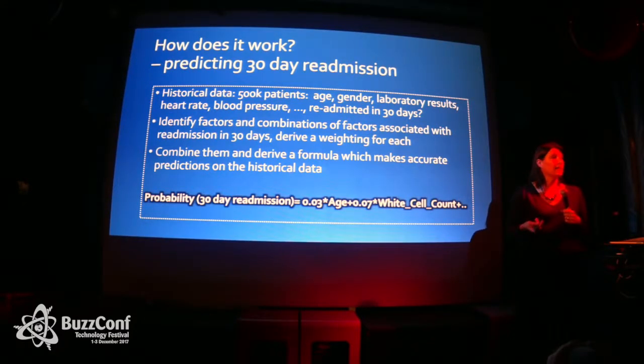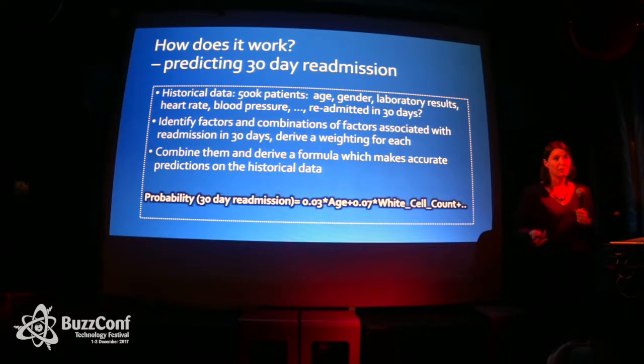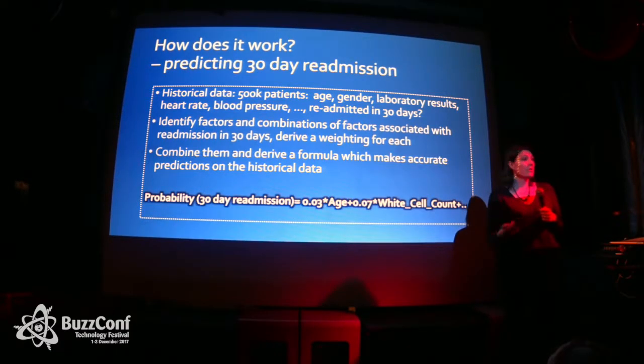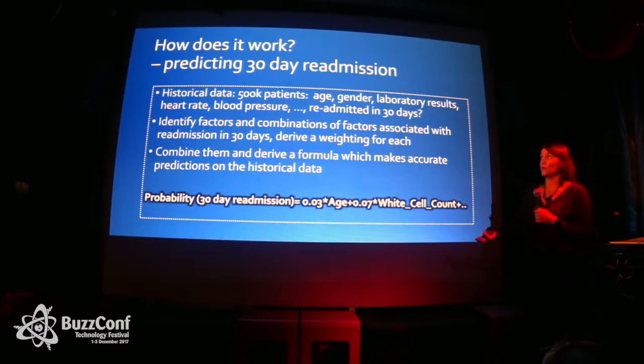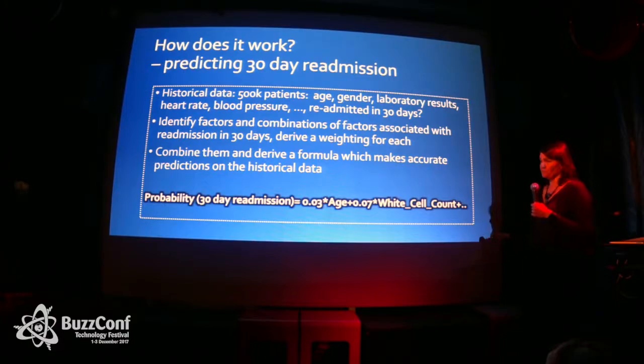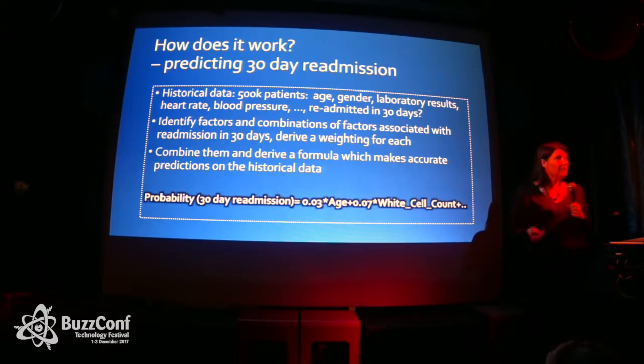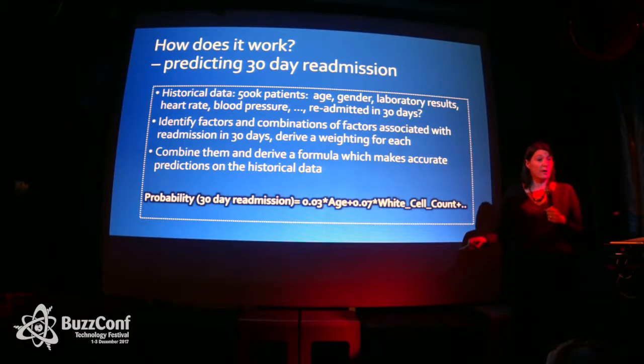We can look at examples of lots and lots of patients and capture as much data as we can about those patients: demographic information like their age and their gender, but also their actual clinical data, so laboratory results, whatever measurements we've taken while they've been in care. And then we critically need to know whether or not those patients were readmitted within 30 days or not. That provides us with what we call labeled data, so basically examples of patients that we know have the problem that we're interested in modeling.